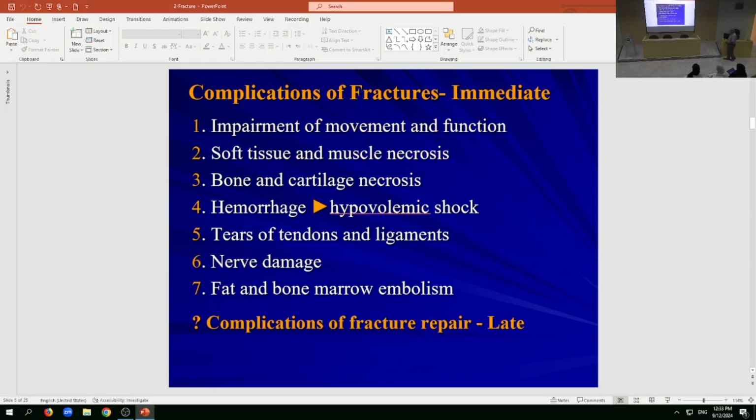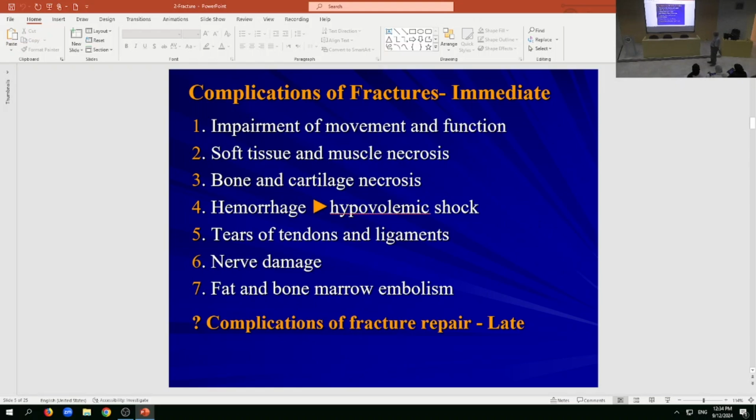The complications of fracture, these are the immediate complications. There is impairment of movement and function, soft tissue and muscle necrosis, bone and cartilage necrosis if the cartilage is involved, or if the bone is fractured extensively. Hemorrhage, which can lead to hypovolemic shock, especially if the fracture is in a concealed area like the head of femur or the vertebrae or ribs.